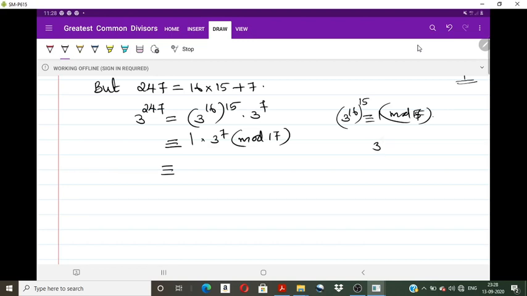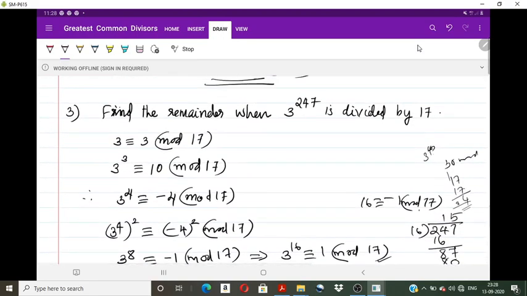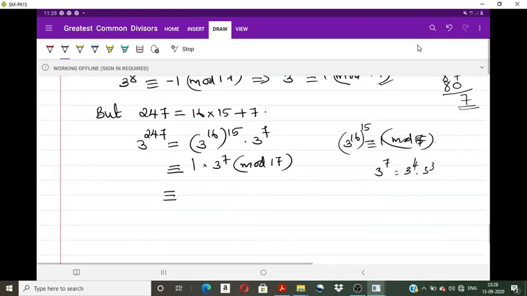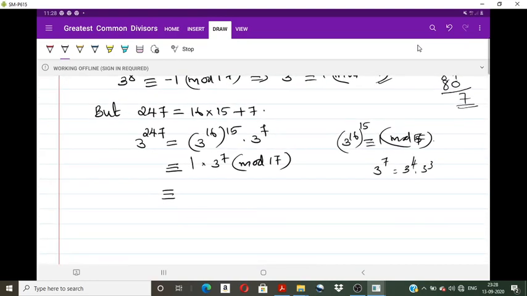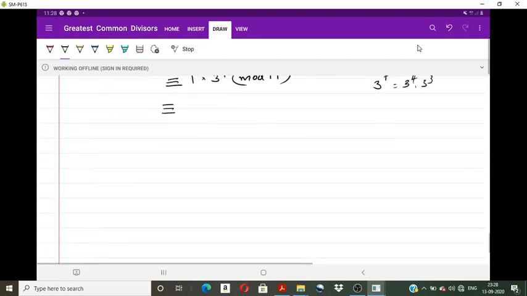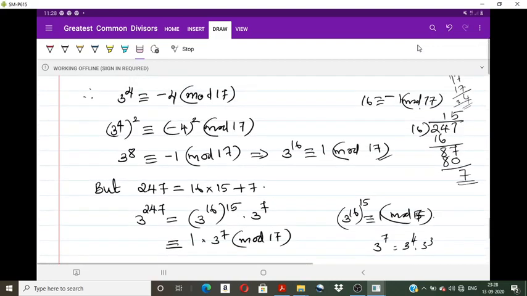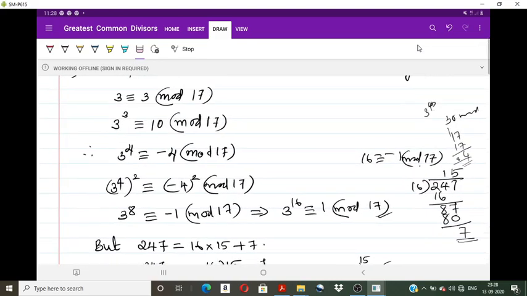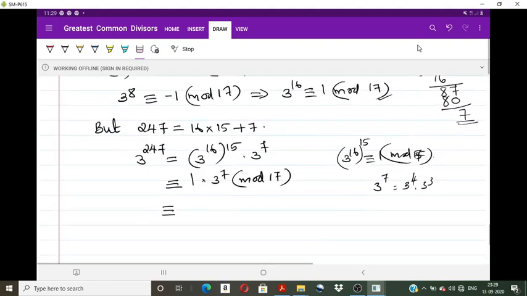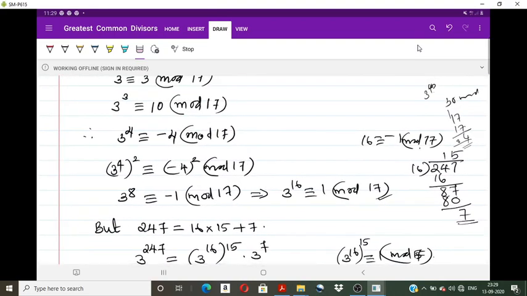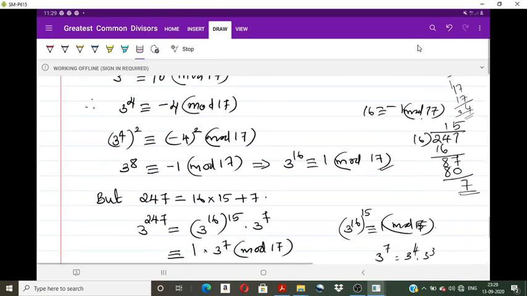So 3 raised to 7 is 3 raised to 4 into 3 cubed. 3 cubed is congruent to 10, and 3 raised to 4 is congruent to minus 4.